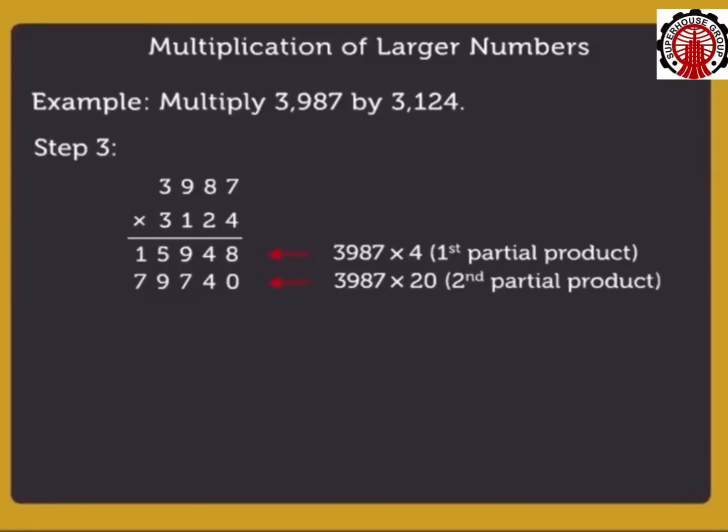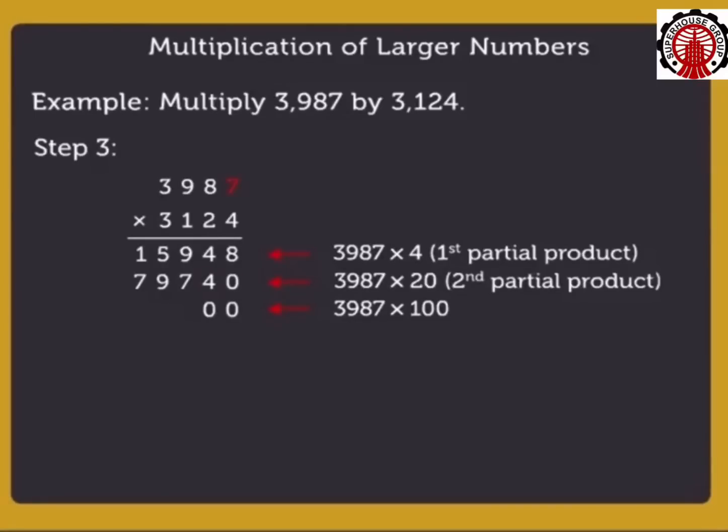Step 3. Multiply 3,987 by the digit in the hundreds place of the multiplier. As the digit 1 is in the hundreds place, we are actually multiplying by 100. So, we write zeros below both the digits 4 and 0 of the second partial product.